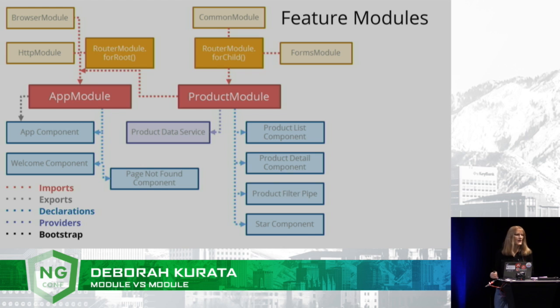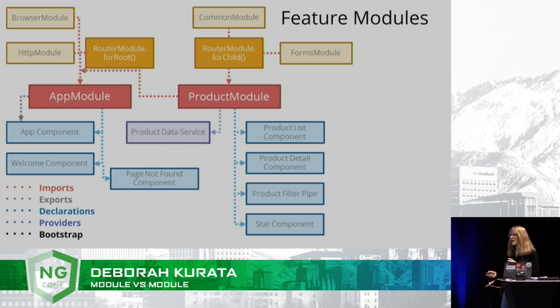We know that it navigates between the pieces with routing, so we know we need the router module. If you recall, our product list page had that filter with two-way binding, so that's how we know we need the forms module, because that's what's coming with binding, and so on. So you look at what's inside your components, what it is that they need, and that helps us determine what modules we need to import into our imports array.